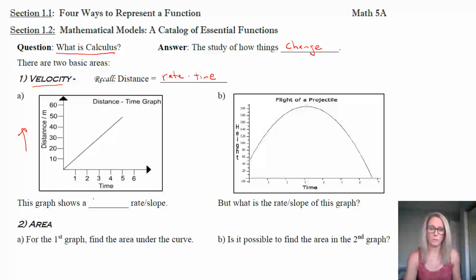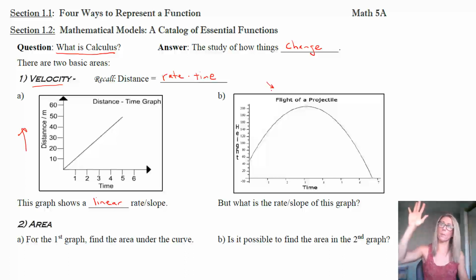And what we see here is the graph shows a linear rate or slope of the line. And that tells us that as time is going and the person is gaining distance, that they're doing that in a consistent, constant fashion.